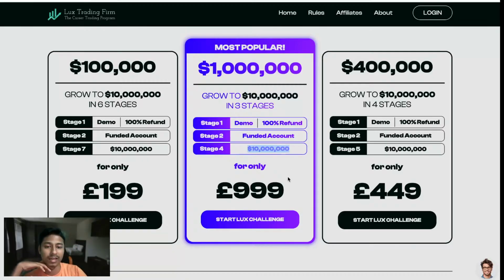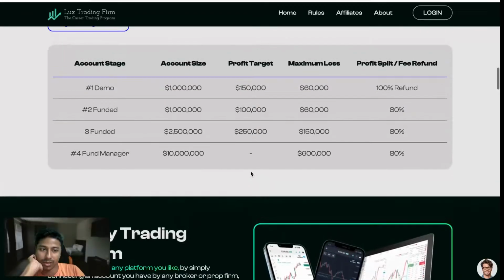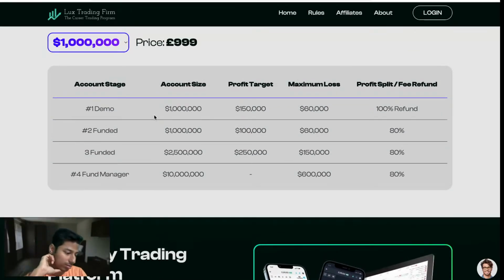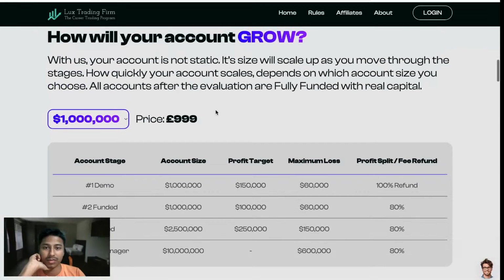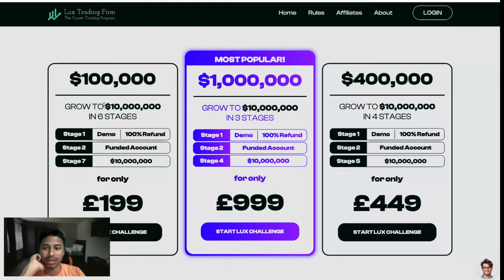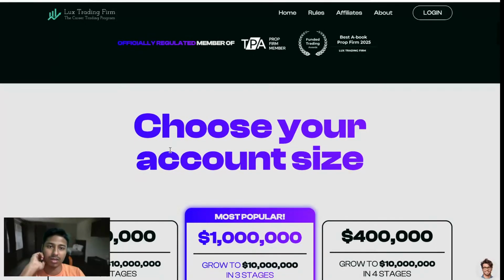You can't find that anywhere else. This is the scaling chart. It's very cheap, impressive. I never tried it out, but it's really impressive to me too.